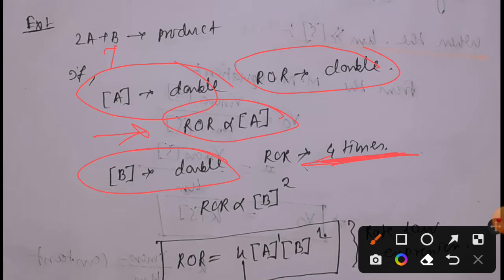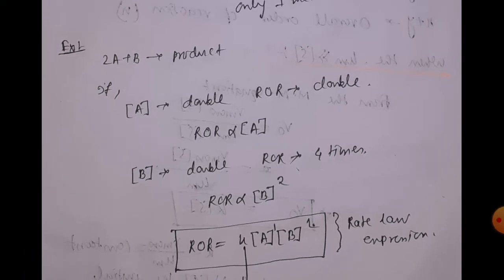What does it mean? It means that the rate of the reaction is proportional to the square of the concentration of B. So that is the idea.